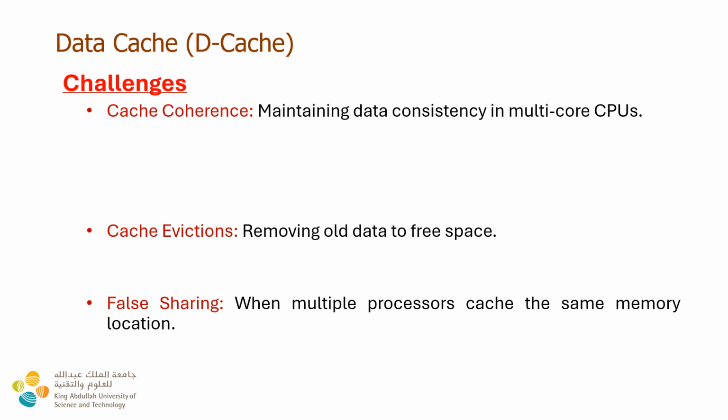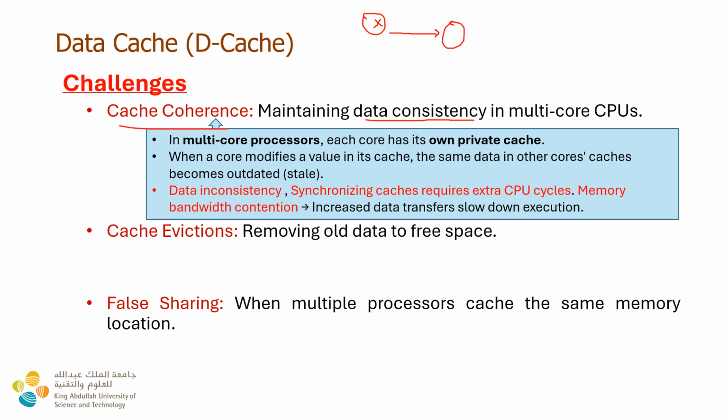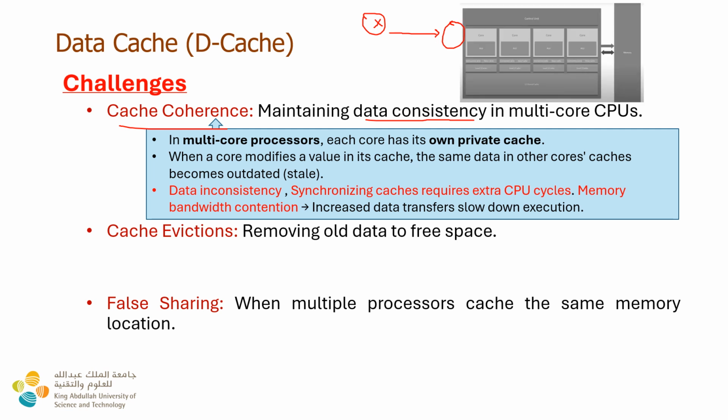So these are the challenges in the D caches. The first is cache coherence, which maintains data consistency. Consistency means, for example, we have two copies of the same data and we modify one, so the other copy is outdated and we need to keep both copies updated consistently. In multi-core processors, we have a separate cache for each core, as we showed in the previous slide.